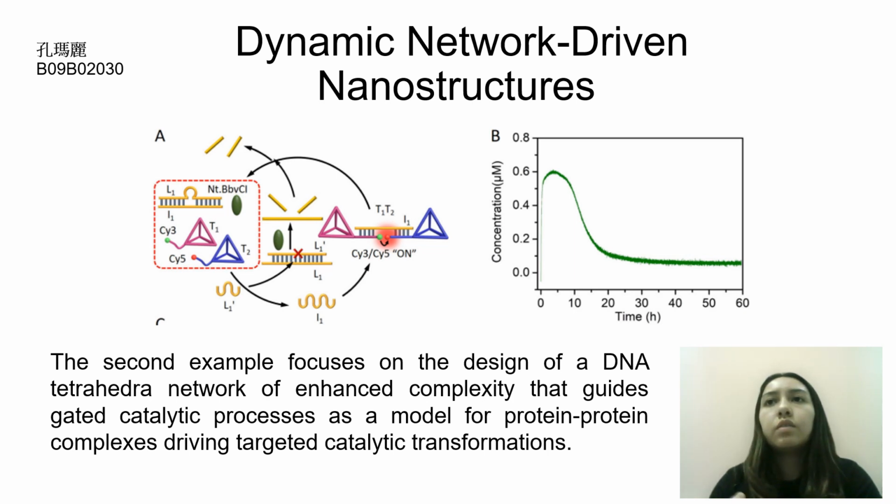So the gated dimerization of the DNA tetrahedra structures and gated catalytic processes serve as models for protein-protein complexes that drive targeted catalytic transformations. By subjecting the reaction model to fuel strands, inhibitors, and other triggers, the researchers were able to control the formation and dissociation of the DNAzyme units and evaluate their temporal transient catalytic activities.